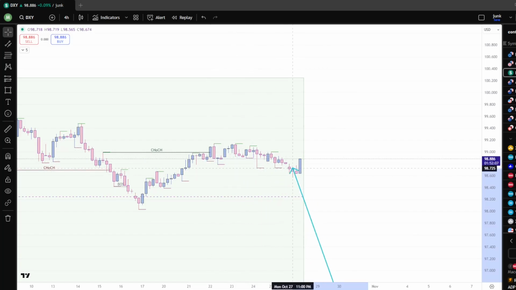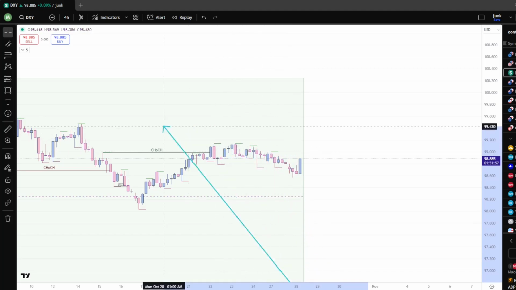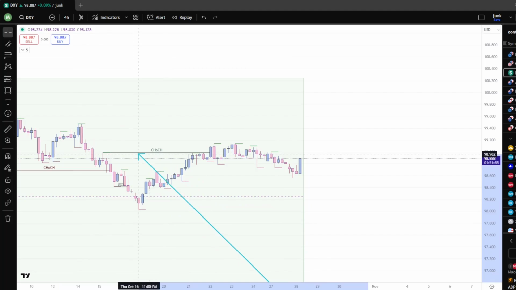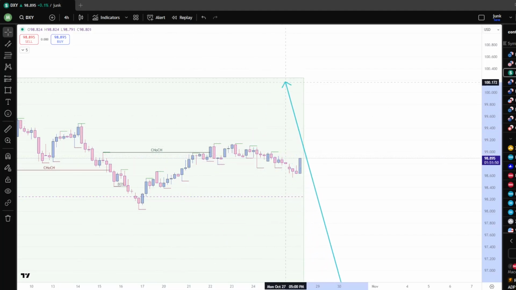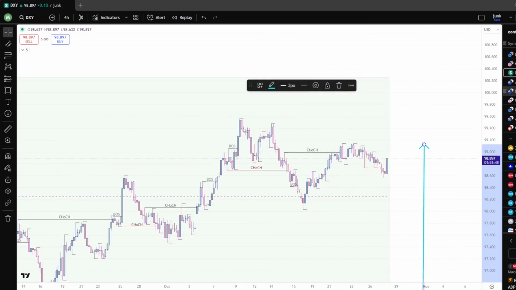Like I said, overnight it broke under that support, and now buyers are starting to step back up, so this could have swept these lows, and buyers could continue to push higher, looking to see if it takes out these highs, because as you can see, it did break structure to the upside. So if it does continue, I expect it to target the highs of this overall range.